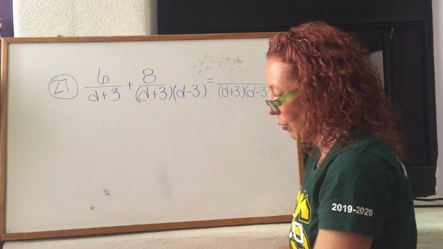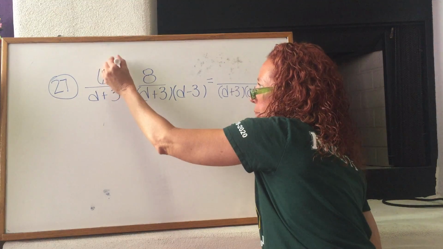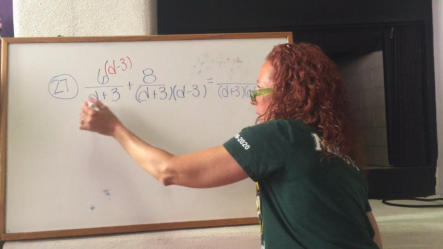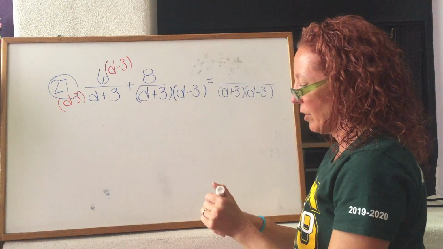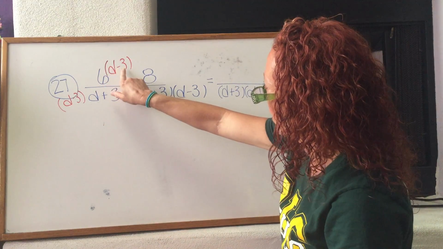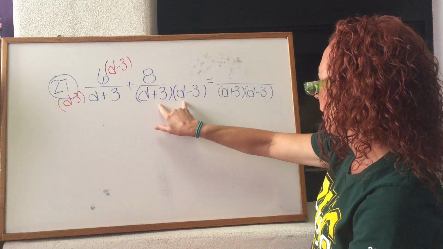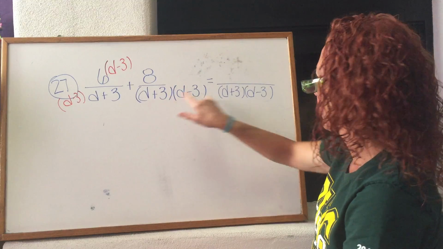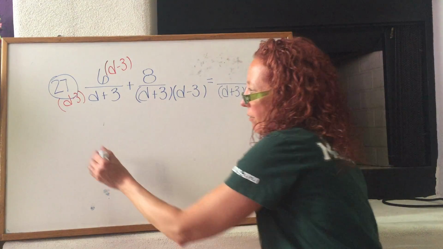And so what we need to multiply this first fraction by, we're missing that d minus 3 option. So we're going to need to distribute and multiply right there. When I compare these denominators, they are the same for the 8, so there's nothing that needs to be multiplied through.